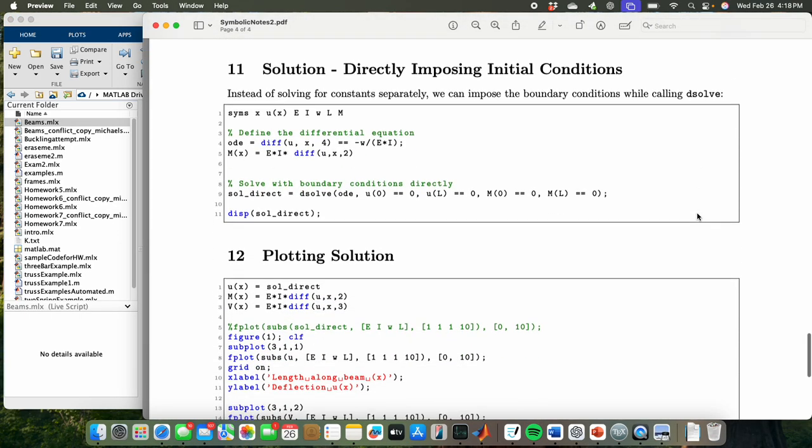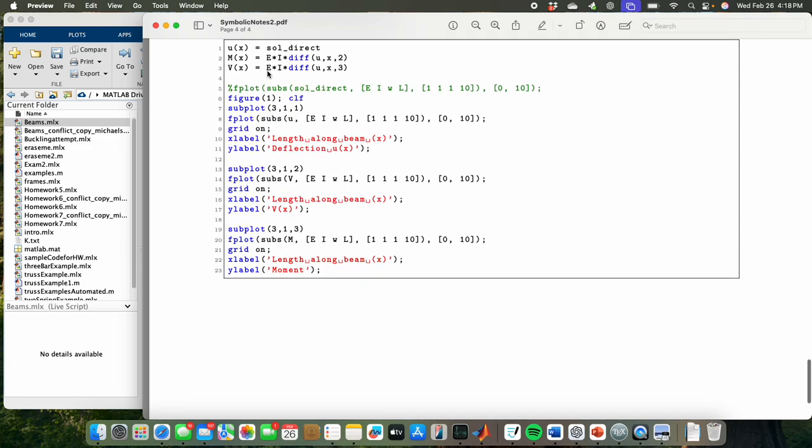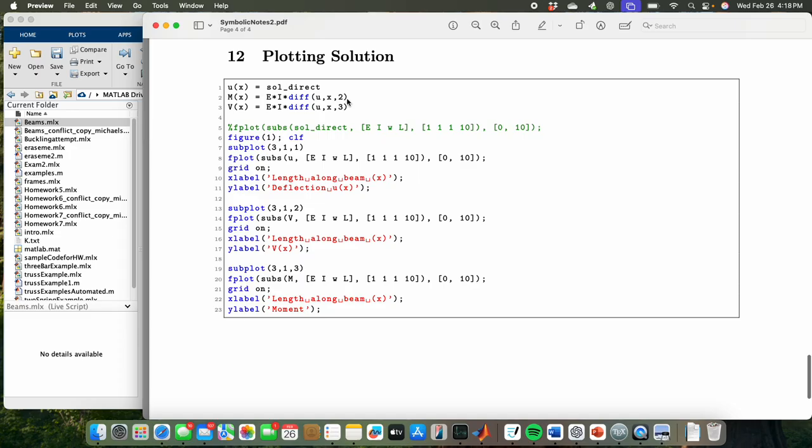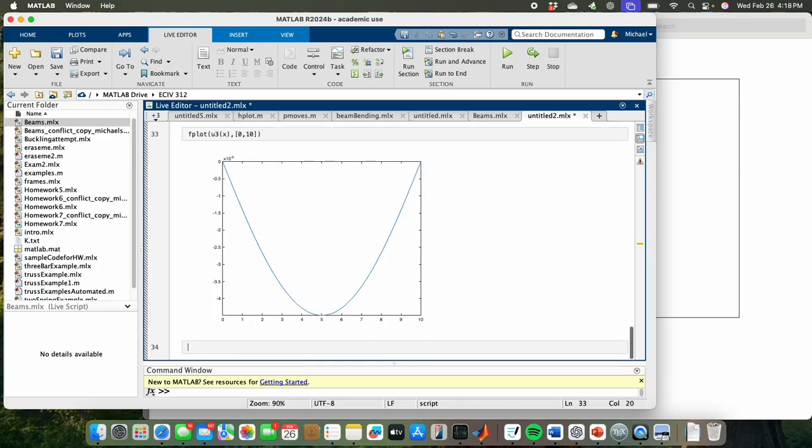I think I did some more stuff here. Oh, I did this. I did all in. This is me down here. Oh, yeah, I did this stuff, just to show you that it's doing what it's supposed to be doing. Right, my moment looks like that.